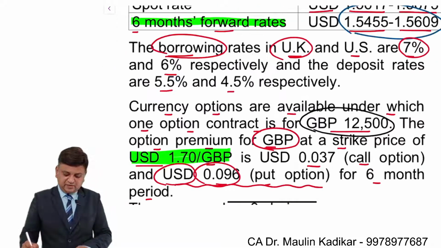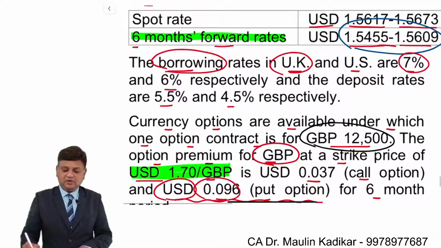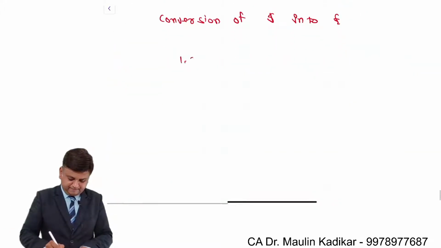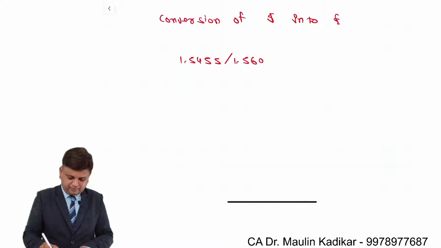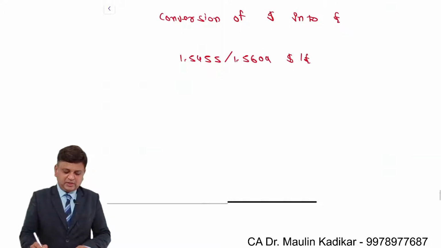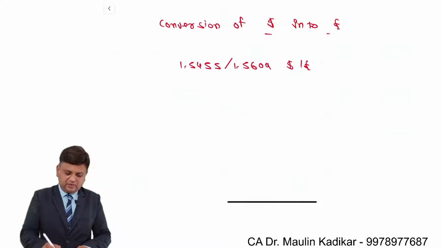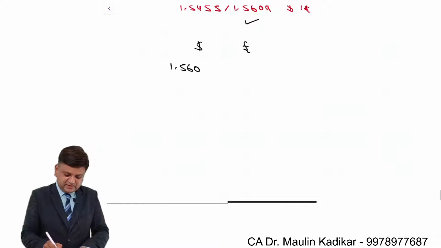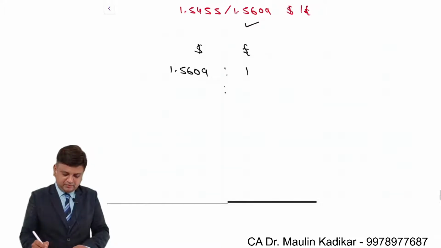You can see that the forward exchange rate is given. Over here, the conversion of the dollar into pound. So a higher amount of dollar is required to be given for 1 pound. So $1.5609 is equal to 1 pound.